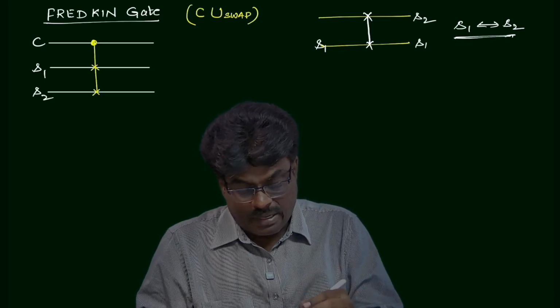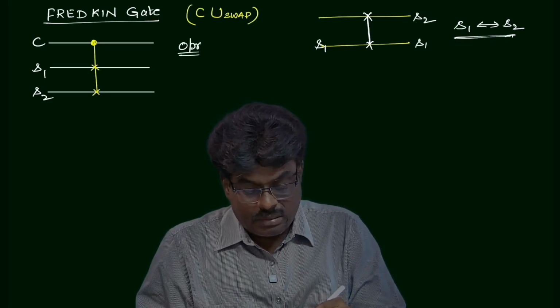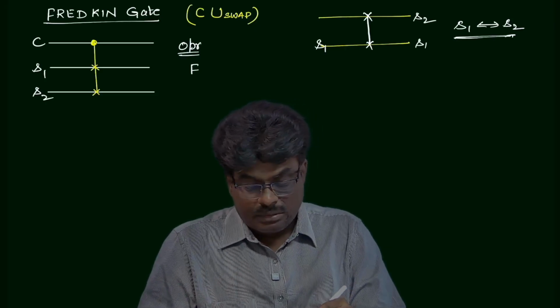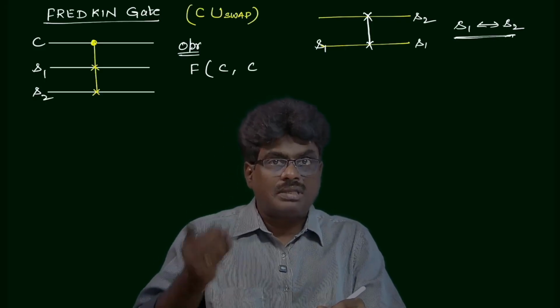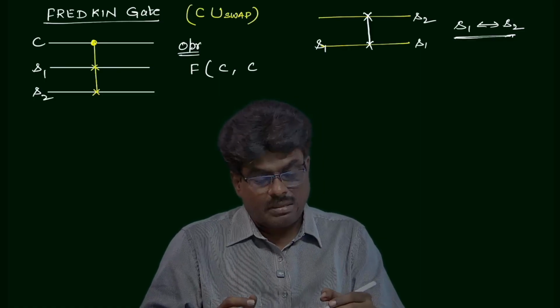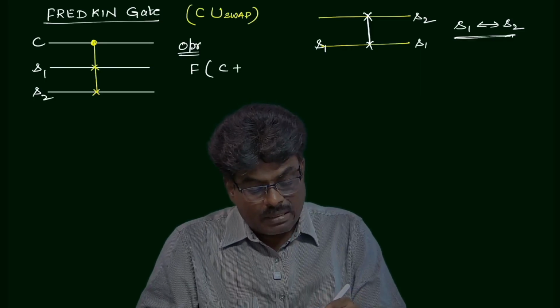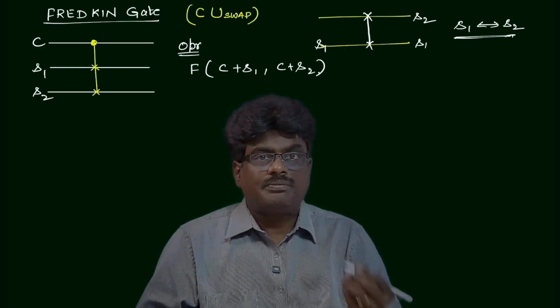Now how to operate this? Carefully see the operation. I'm taking just the letter F of C comma. That means if C is on, then only the operation occurs. So C plus S1 comma C plus S2.